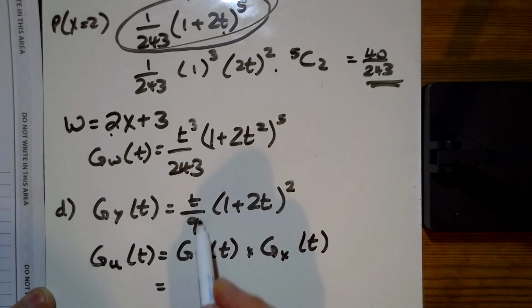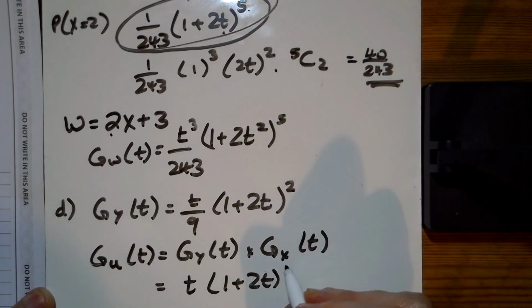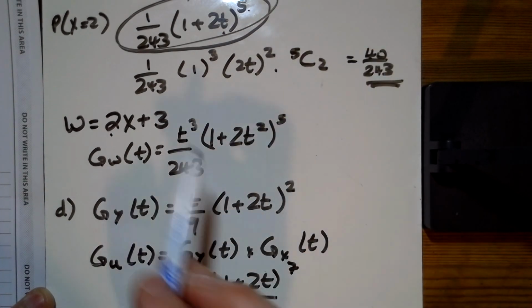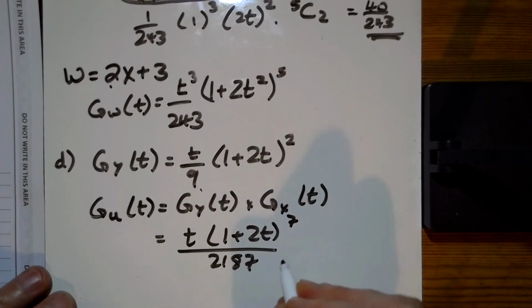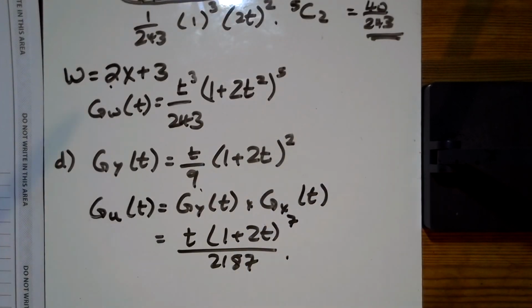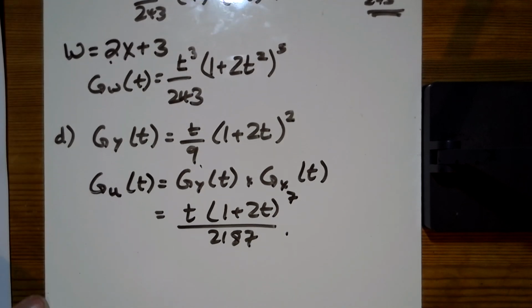So what have we got? We've got a t here. We've got 1 plus 2t all to the power of 5, 6, 7. And this is all now divided by 243 times 9, which is 2187. So there's that one there. Up to there, we've actually got 8 marks, and it's only taken us 3 minutes to do this.